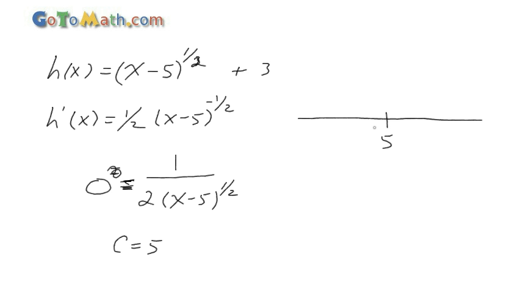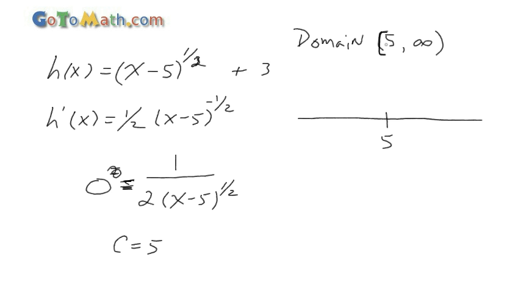Now if we look at a number that's less than 5, we end up with a negative raised to the half power, and so the domain of this function, I'll write that right here, the domain is actually 5, it includes 5, so we're going to put a bracket here, to infinity.